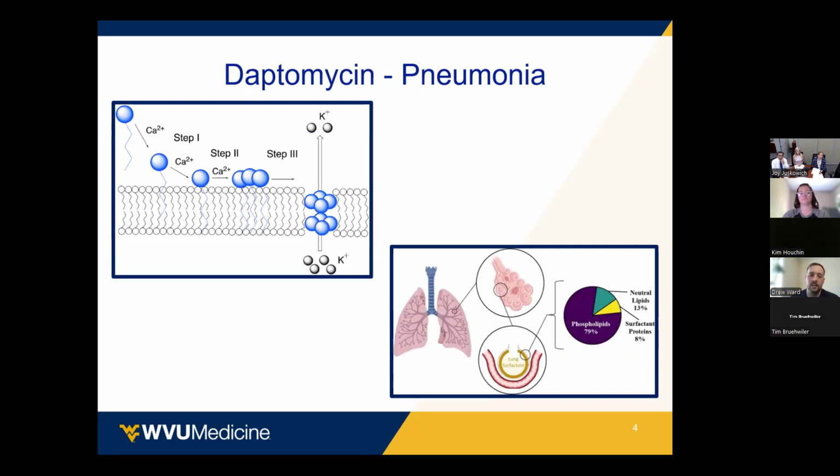This is essentially because the surfactant micelles very closely resemble those that you may find on a bacterial cell wall or cell membrane. So in a way, it tricks daptomycin into thinking it's attacking a bacterial cell or a phospholipid layer in a bacterial cell membrane.